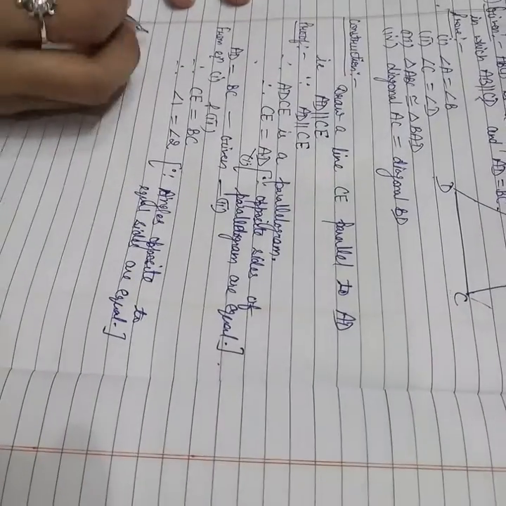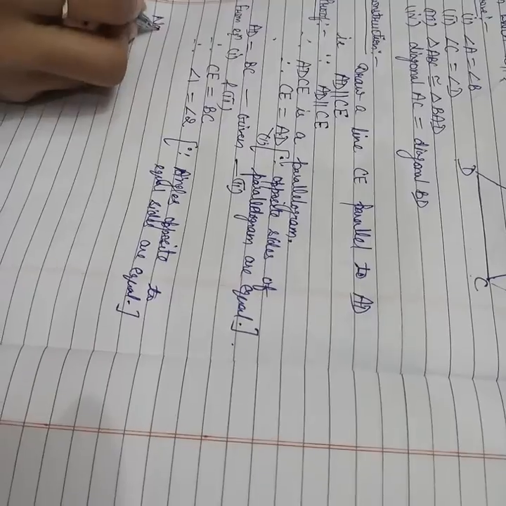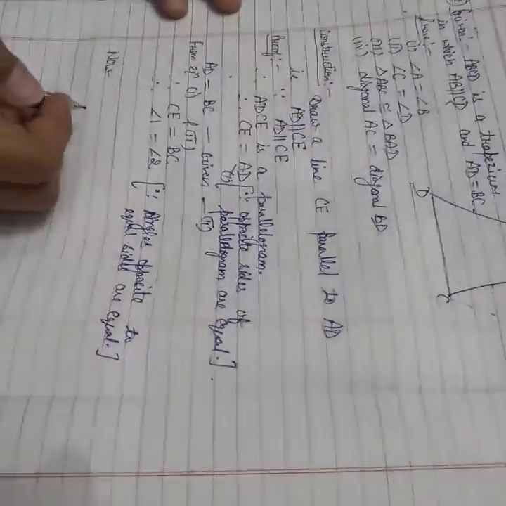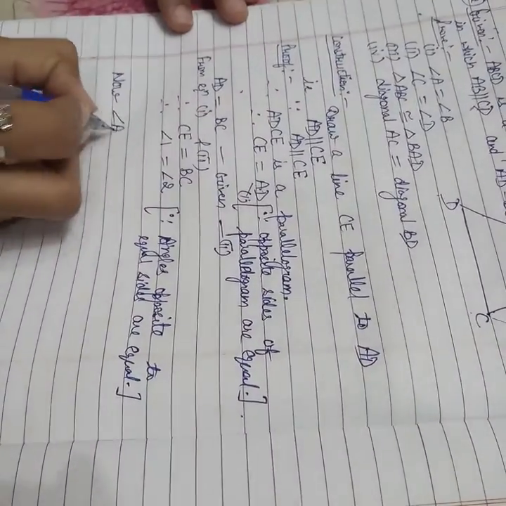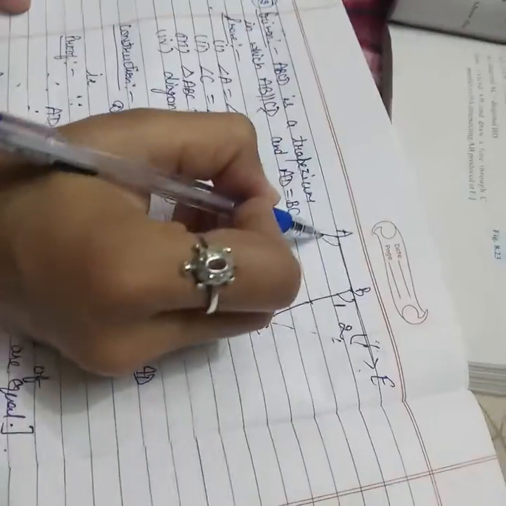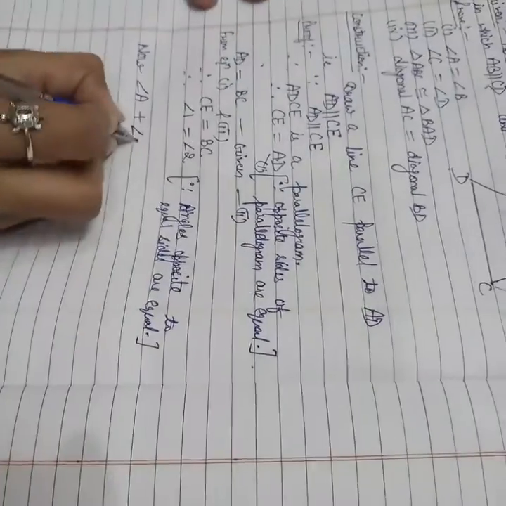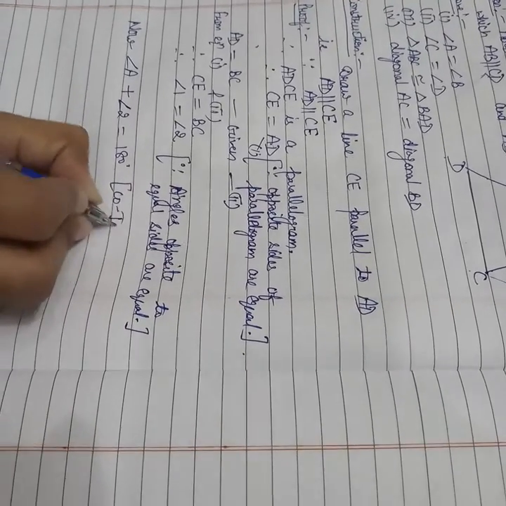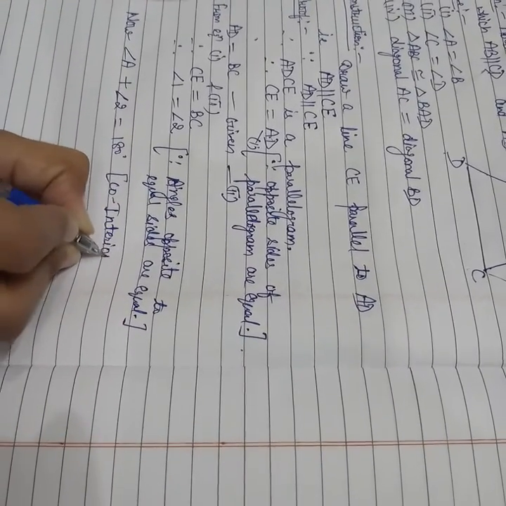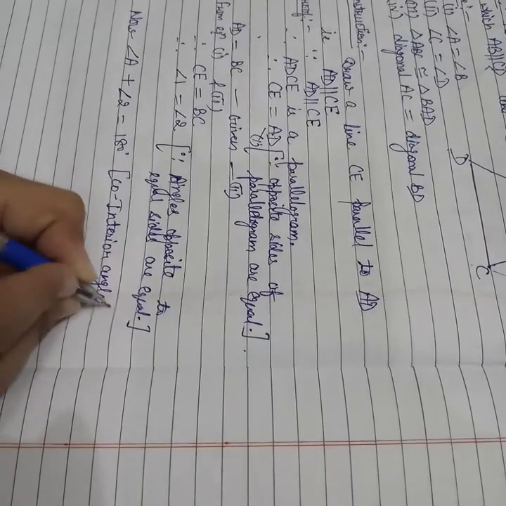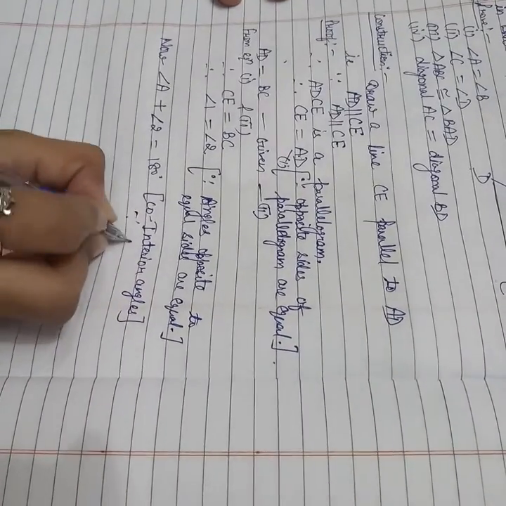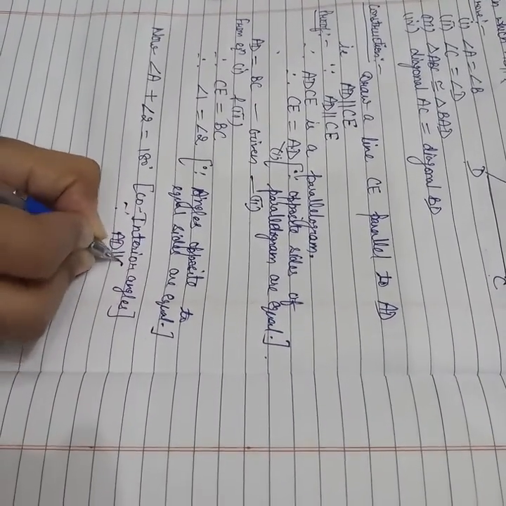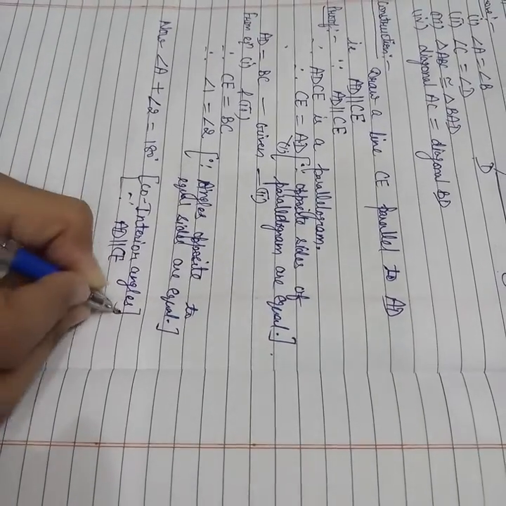Now angle A plus angle 2 equals 180 by co-interior angles, because AD is parallel to CE.